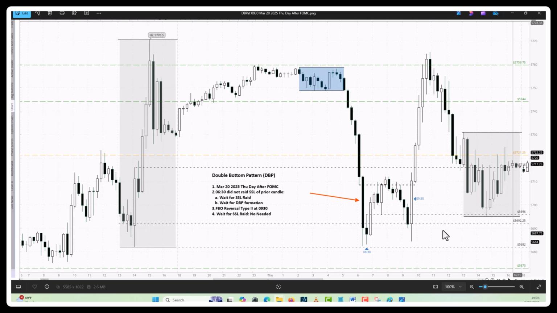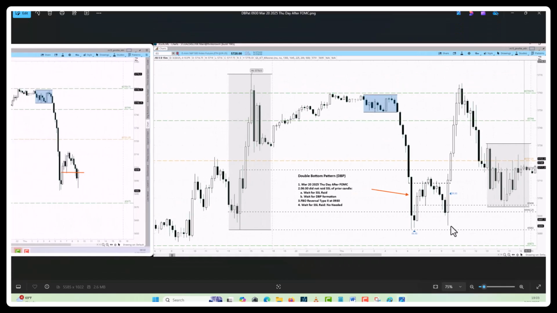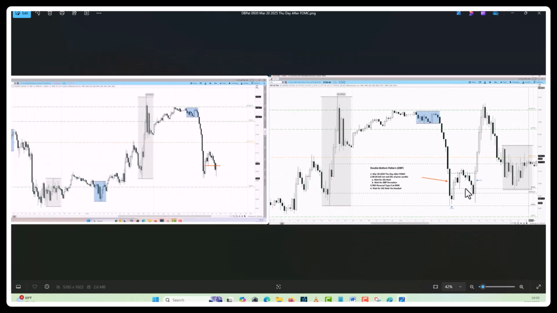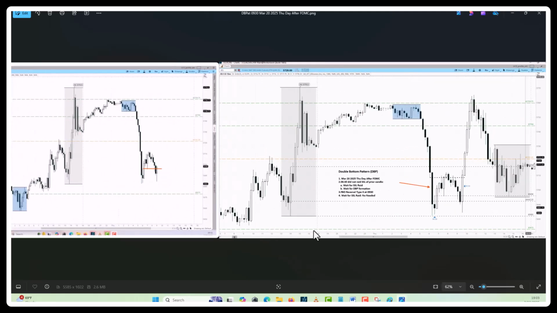Touch from above, break and reverse, and look at the time, 9:30. So it gives a very high probability setup. We missed this one because it happened so fast, and we were not in front of our computer at that time either. Yes, so it's the so-called double bottom right there, and basically the type 2 reversal for us.